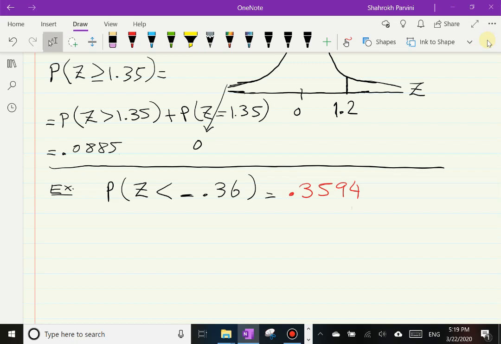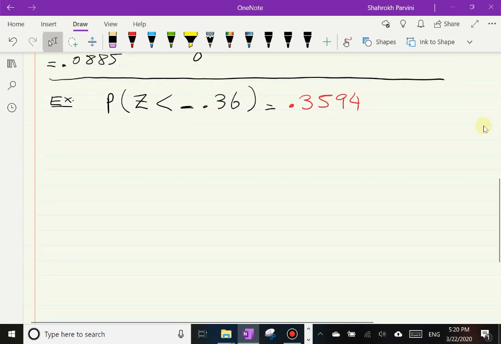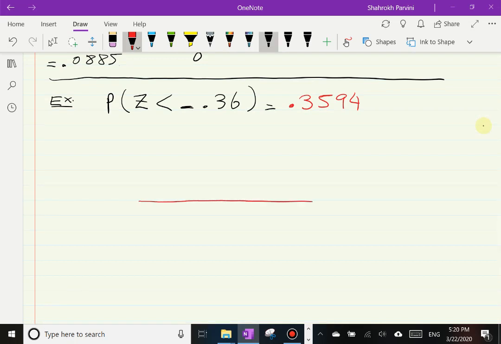Now something that does come in handy, as we're going to look at later, is the following. Let me draw the area that corresponds to this. So here's the normal curve, again a standard normal distribution. This one looks a little better than my previous one. Okay, so here's 0.